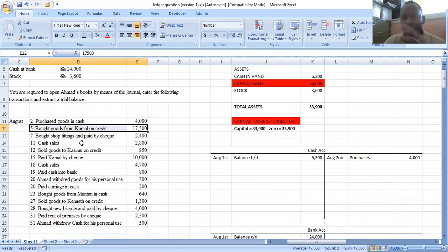Purchases is an expense, Kamal is a creditor, and a creditor is a liability. Both are increasing. We are increasing purchases, so we debit purchases, and Kamal's account, which is a liability, is also increasing, so we credit Kamal's account.